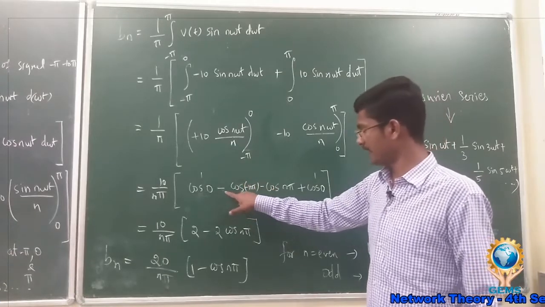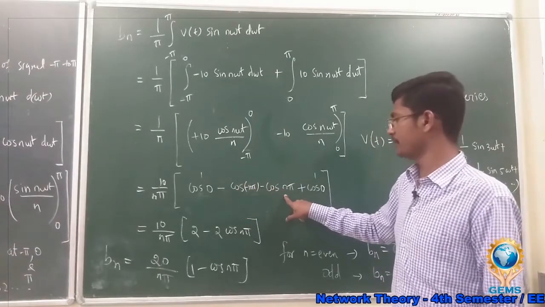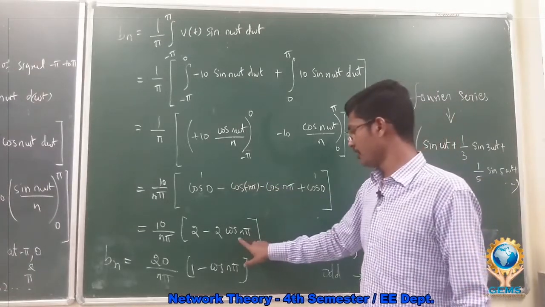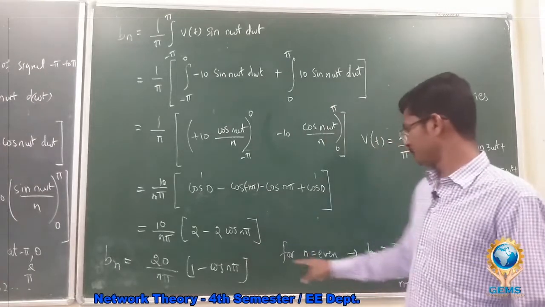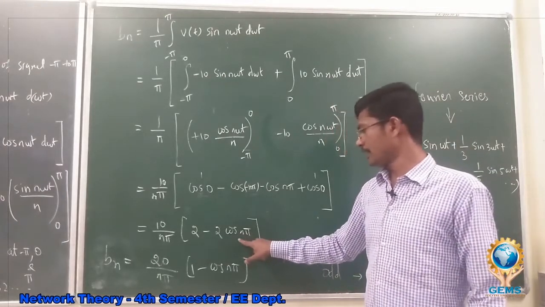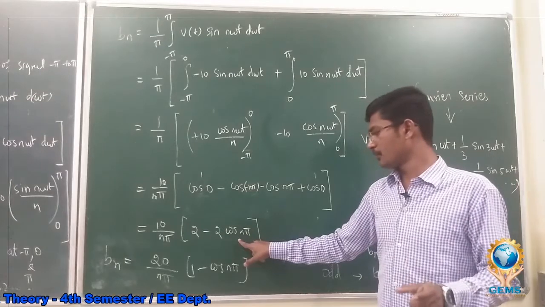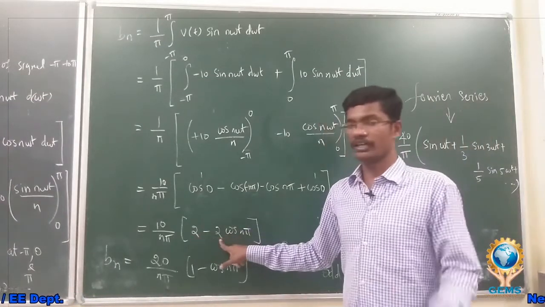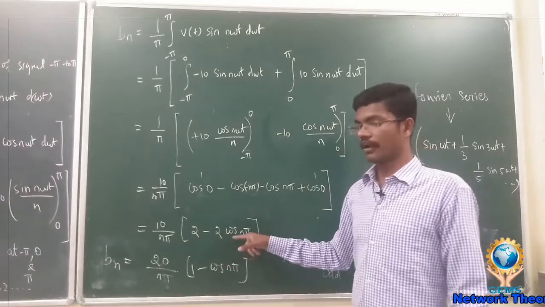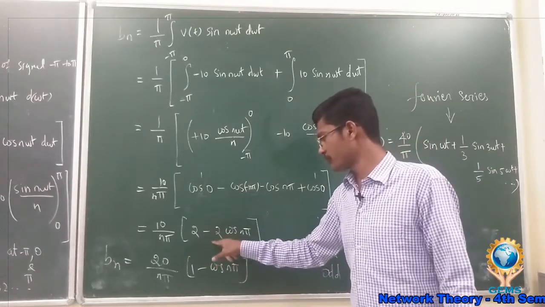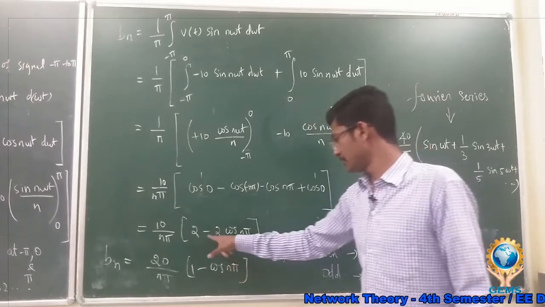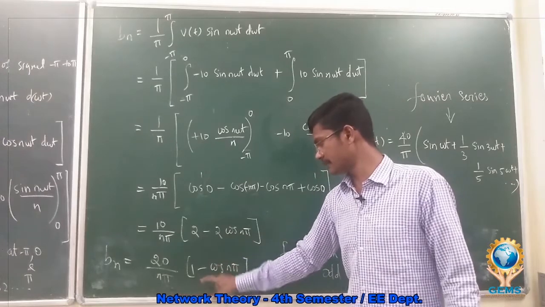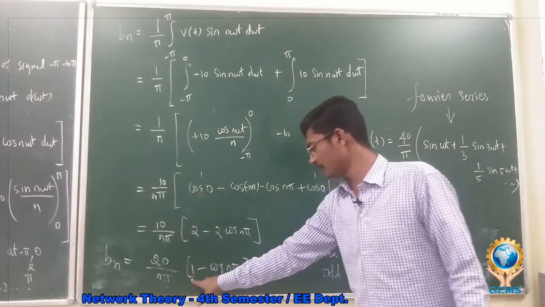So we will get minus cos n pi, here 1 minus cos n pi, so minus 2 cos n pi. If you put cos n pi for an even number, the cos value of an even number is 1, so 2 minus 2 will be 0. If it is an odd number, you get 2 plus 2, 4. Actually in the next step we take the 2 outside, so we will get 1 minus cos n pi.